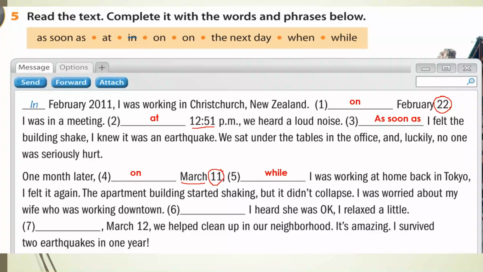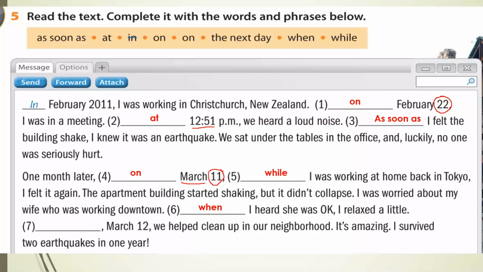The apartment building started shaking, but it didn't collapse. I was worried about my wife who was working downtown. I heard she was okay and I relaxed a little. So the moment I heard she was okay, when I heard she was okay, I relaxed a little. Next one, number 7, March 12.